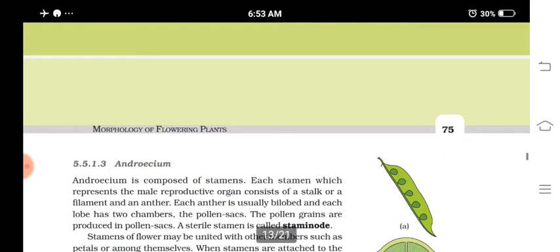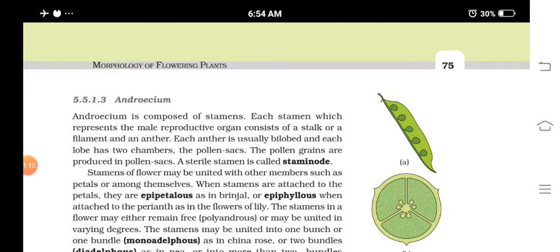Next topic is androecium. Androecium is the male whorl of the flower, and it is composed of units called stamens. If you see a stamen, it will have a stalk called a filament, and then an anther.